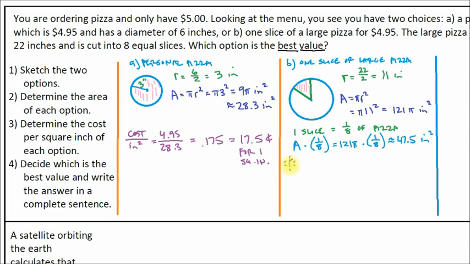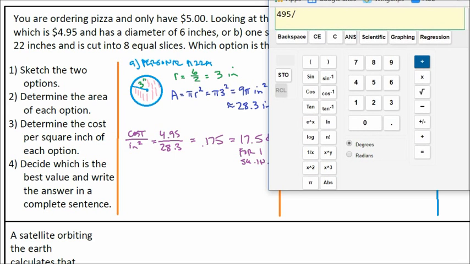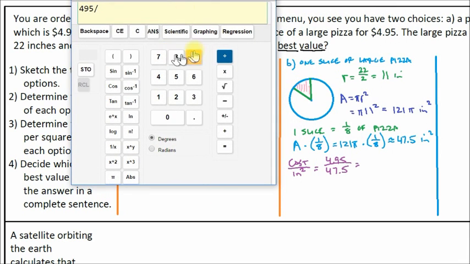All right, let's compare that to the other piece. In this case, we're going to take a look at cost per square inch. Our cost here again is $4.95. In this case, we're getting 47.5 square inches. So $4.95 divided by 47.5.